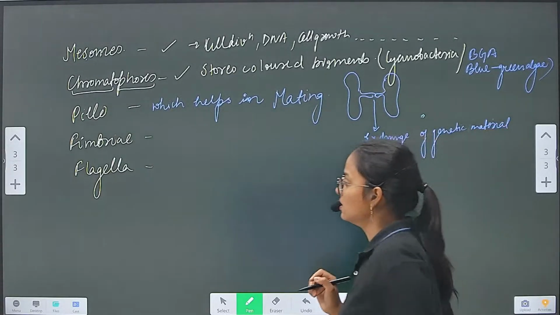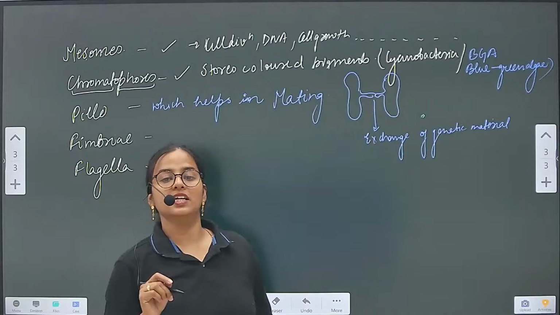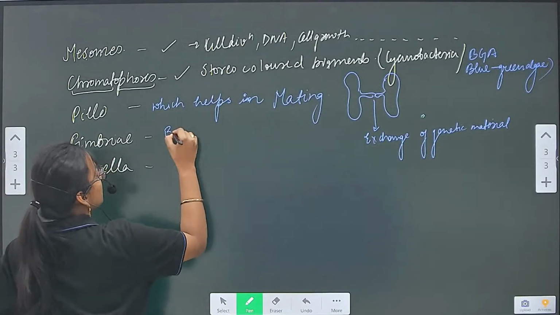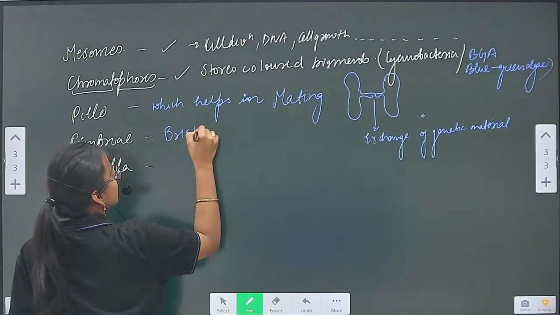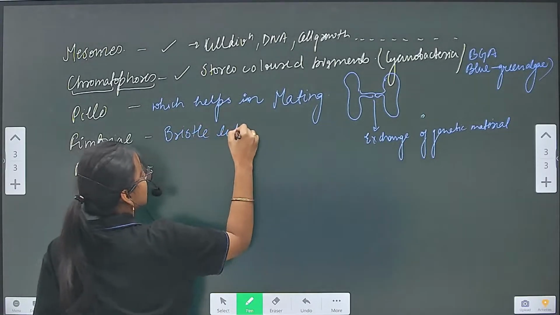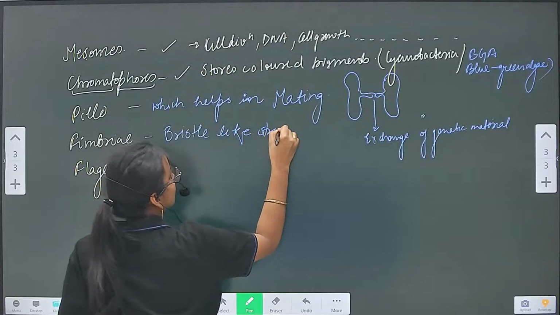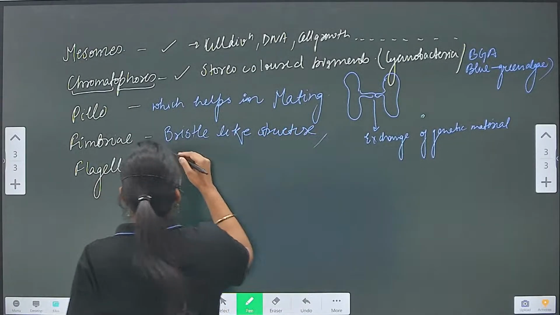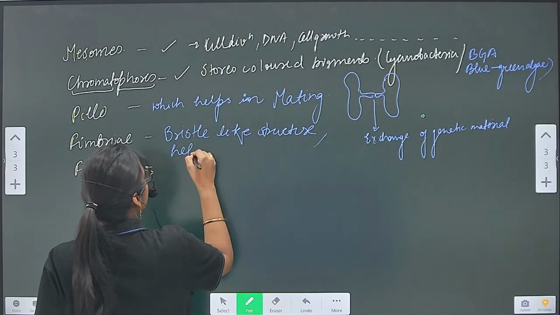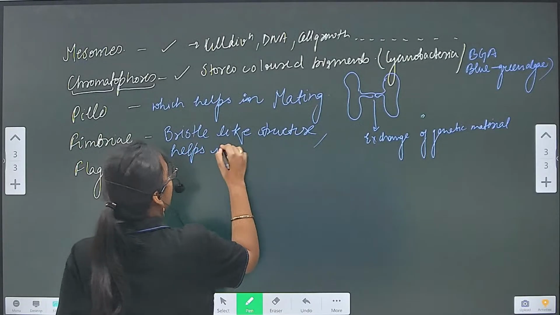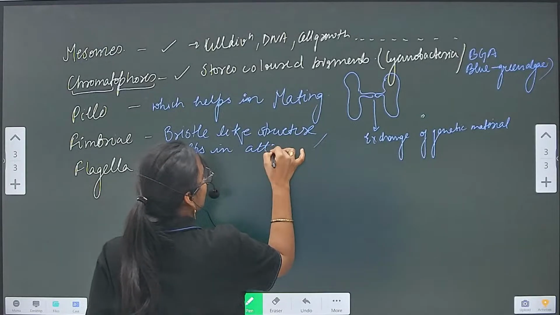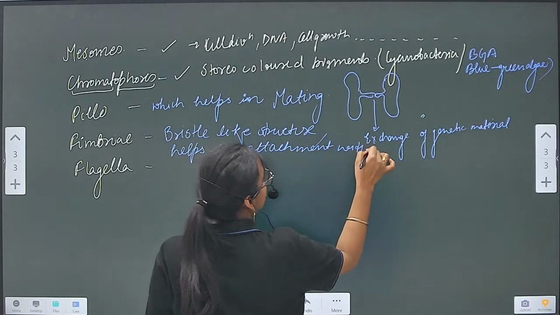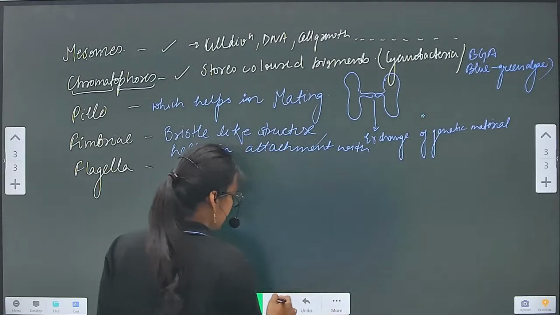Yes. Next is the fimbriae, another extension of plasma membrane, which are bristle-like structures which help in attachment with the host or the substratum.